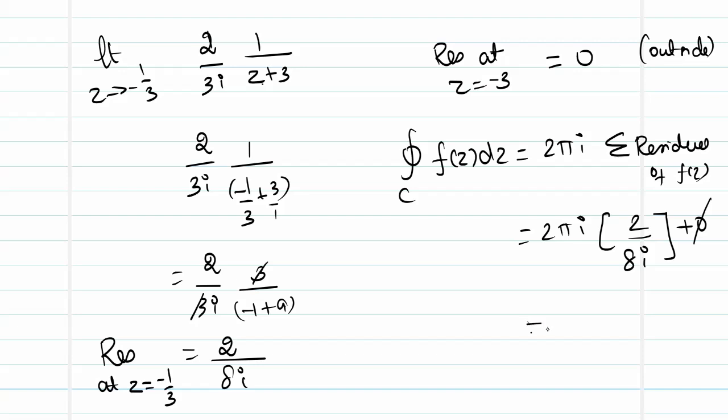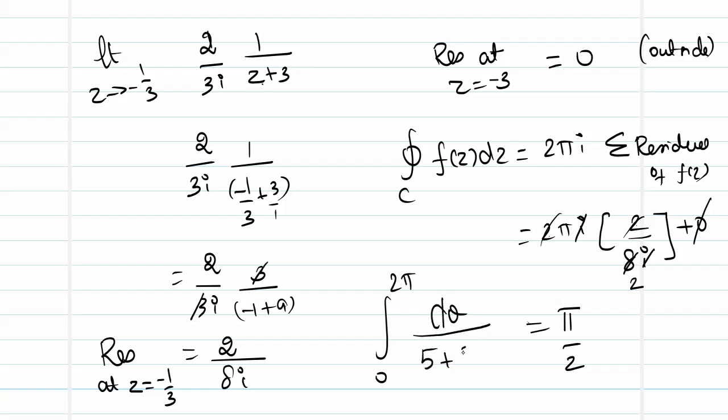Ignoring it, we have this i cancel off over here, 2 fours are 8, 2 times it will remain. So the final answer for the integral 0 to 2 pi d theta divided by 5 plus 3 cos theta happens to be pi by 2, and we have used the Cauchy residue theorem to evaluate this integral.